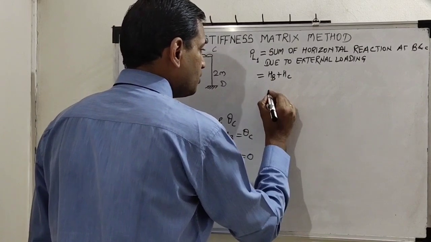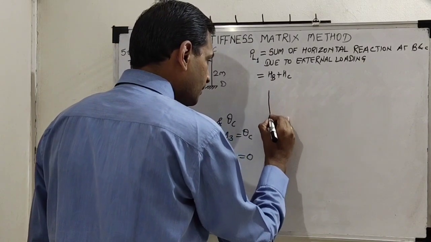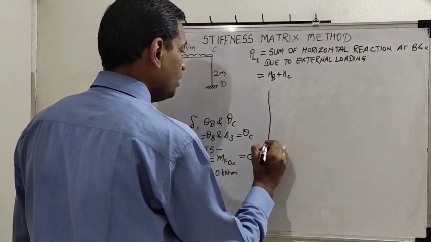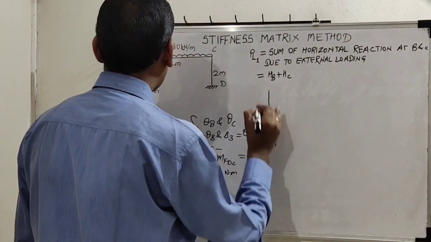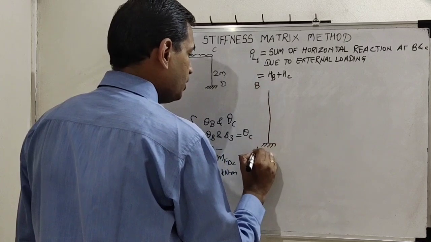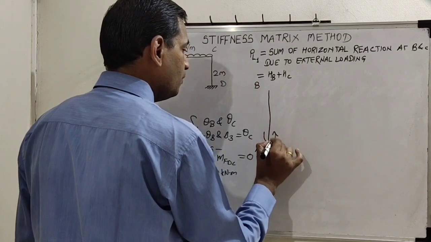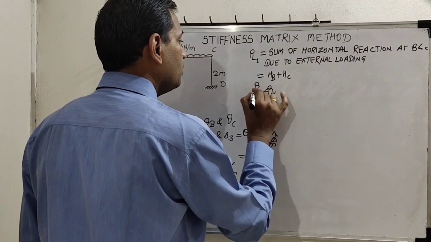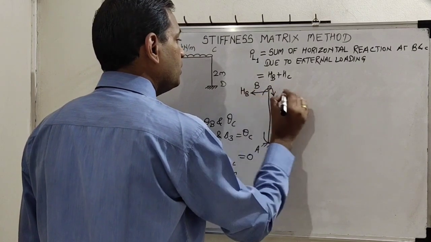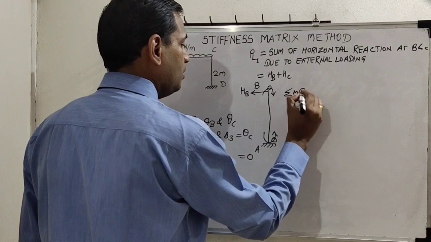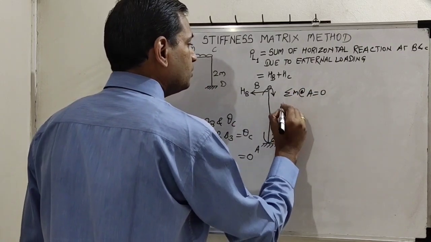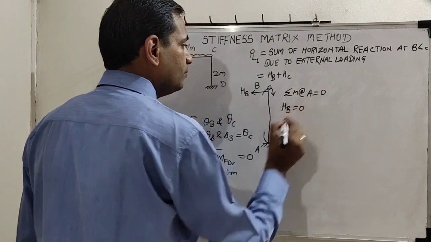So if there is any external loading, how will you proceed? Even though it is 0, I am going to explain it here. Draw the free body diagram for column AB. Show fixed end moments here, which are 0 in this case, and find out HB. You take summation of moment about end A equal to 0. So HB will be 0 here.